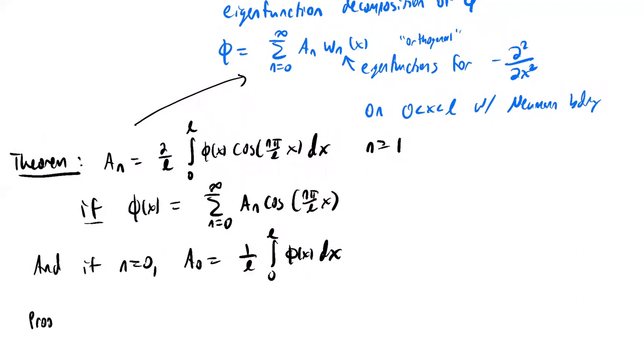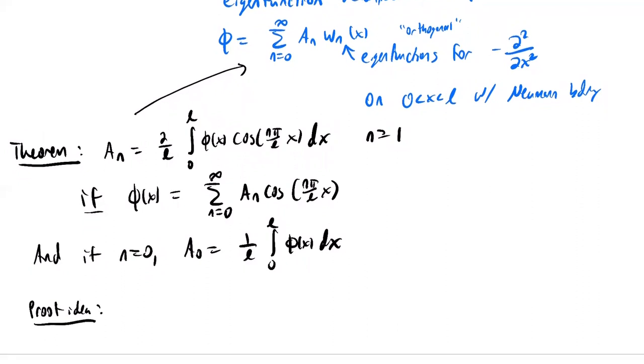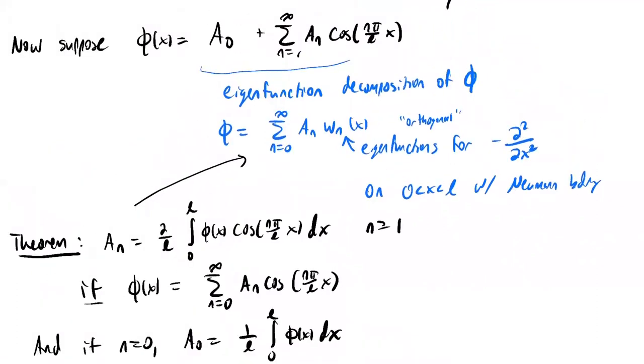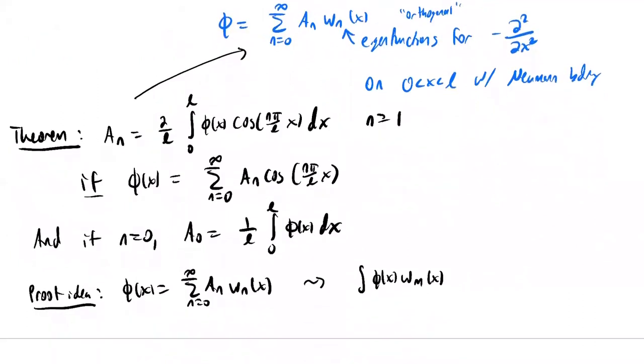So the proof idea is just, well, let's suppose phi of x, I can write phi as a sum from n equals 0 to infinity of an times these eigenfunctions. And so if I look at the integral of phi of x times some eigenfunction, say wm, where wm is again cosine of m pi over L times x, right?